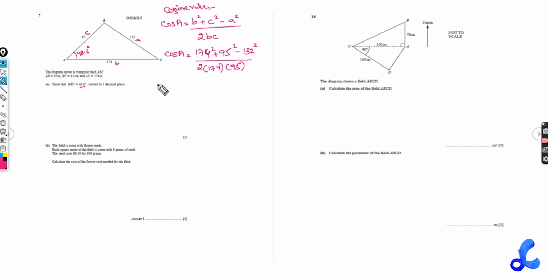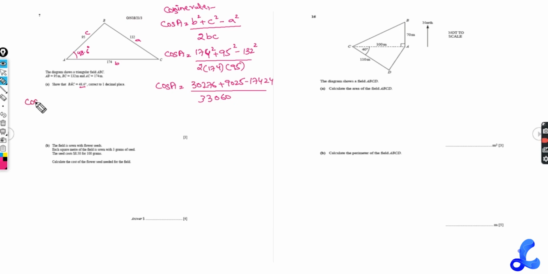So when we solve this, we get cos A equals 30276 plus 95 square, which is 9025, minus 132 square, which is 17424, divided by 33060.